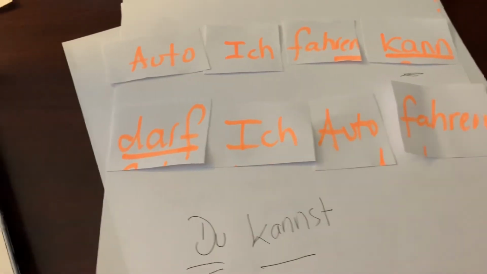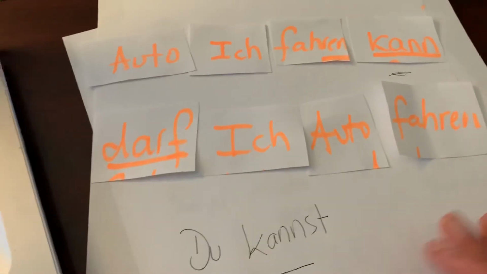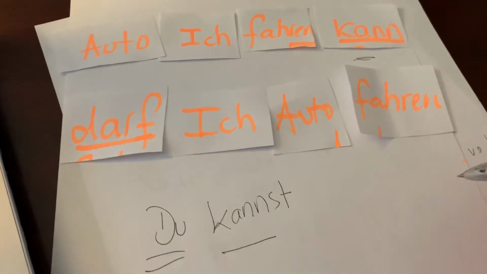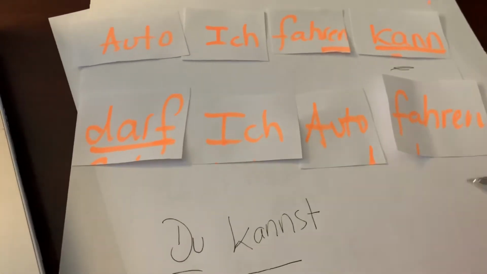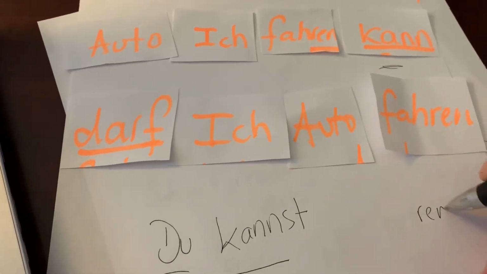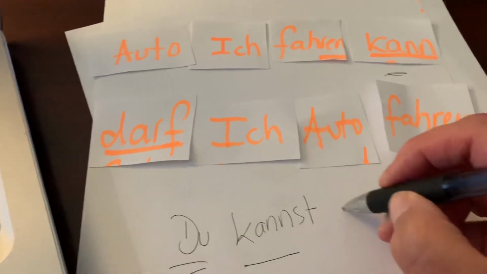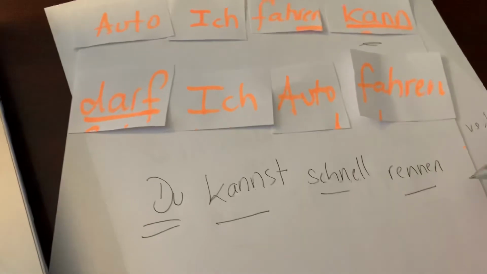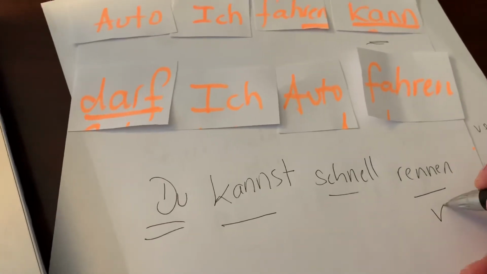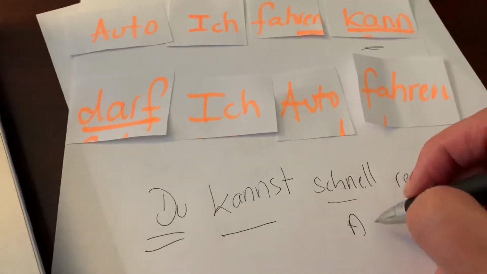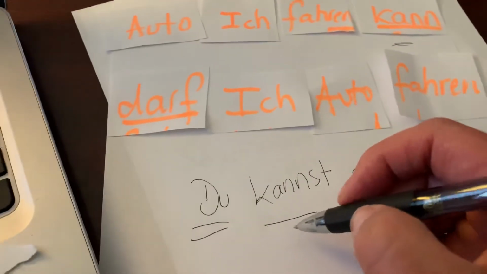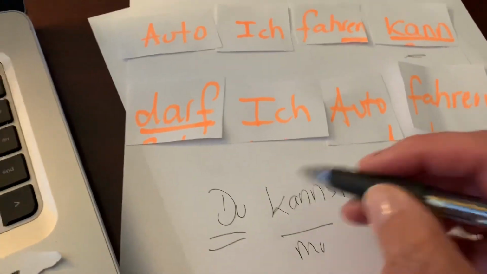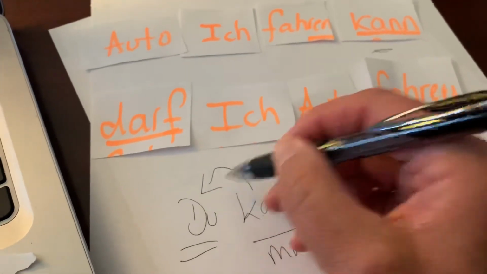You would just put it here, and then let's say you're, let's use a verb, rennen, okay? And then let's use the adjective fast. Du kannst schnell rennen, right? So here's your regular verb at the end. This is your adjective. This is your modal verb, and it's conjugated to match du.